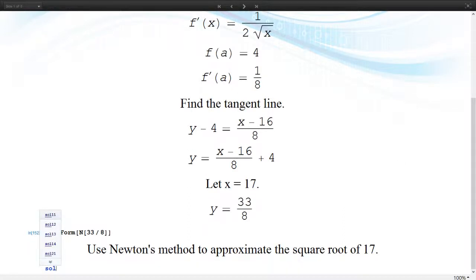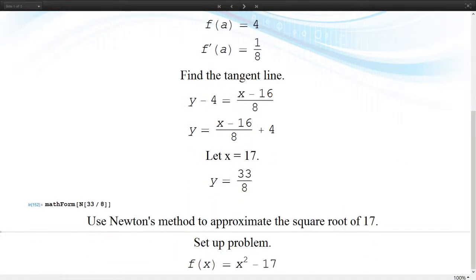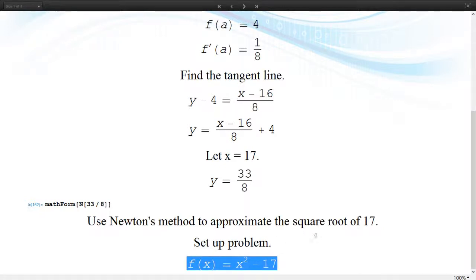So, solution 61. We set up the problem. Notice that with this problem, if I plug in the square root of 17 for x, I get out 0.